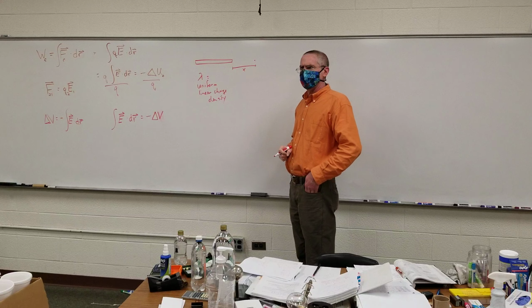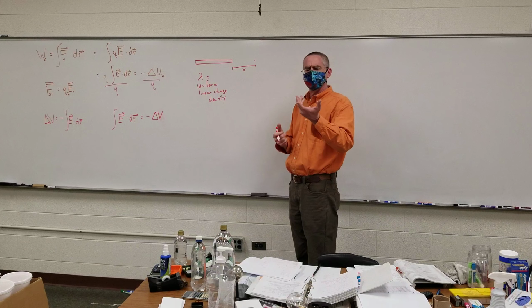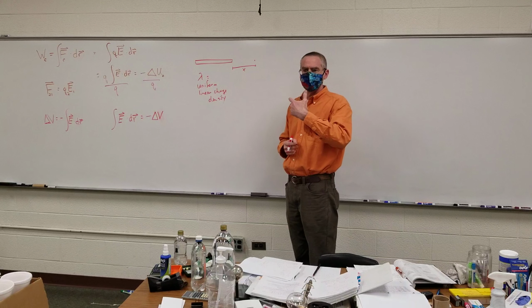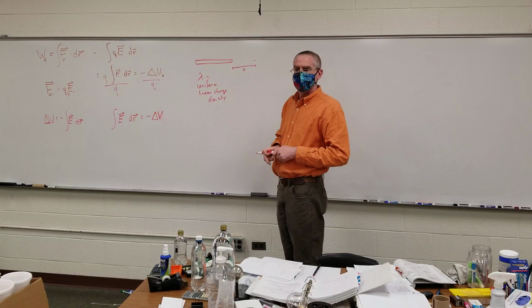Because I think before we did vertical line, I'm trying to remember what we did last time. I don't think I did this one. The electric field was done before, but I don't think we did the potential for that.